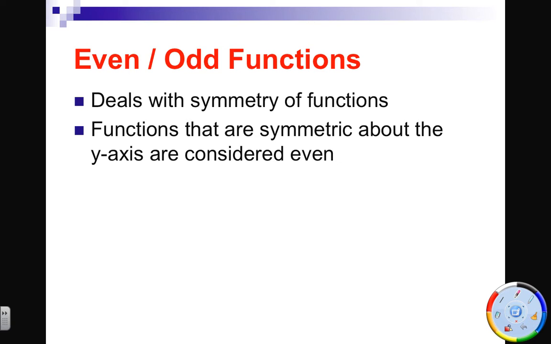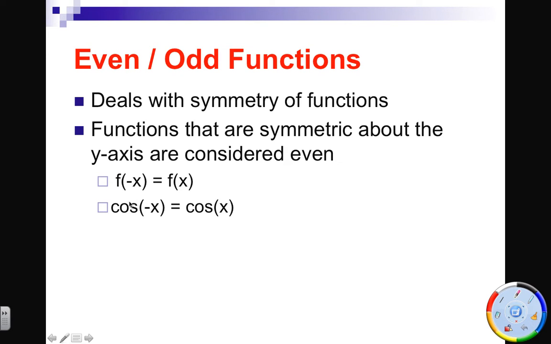If you are symmetric about the y-axis, you are considered even. That means you can fold the function on the y-axis, and you'll get the same thing on both sides. And that's what this statement is. If you take your function and plug in a negative value, you would get the same thing out as if you plugged in a positive value.